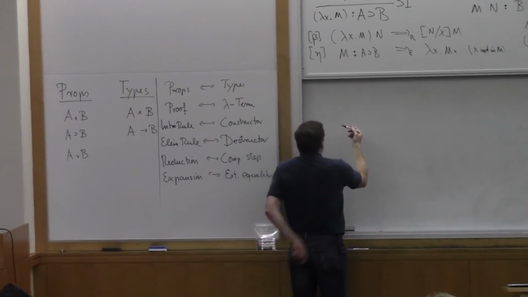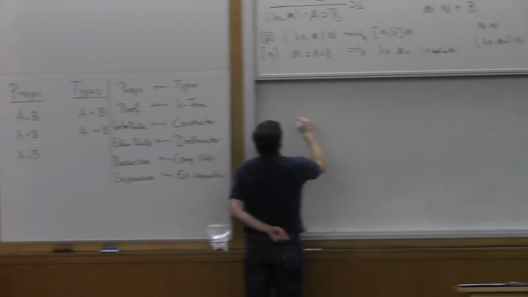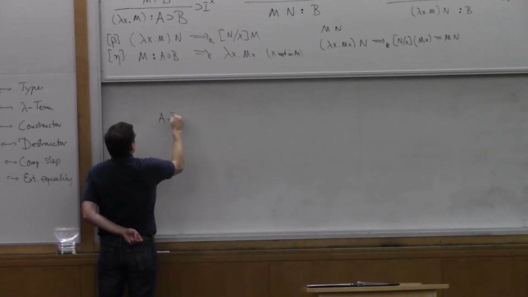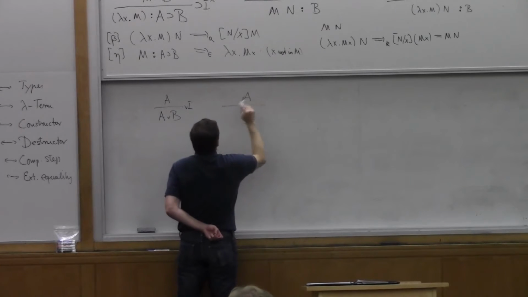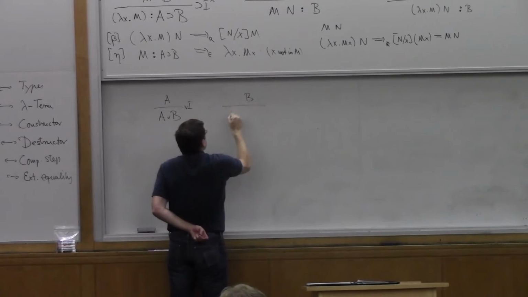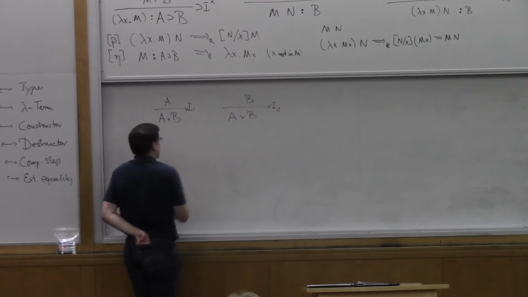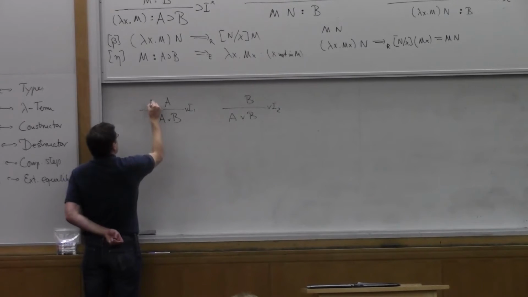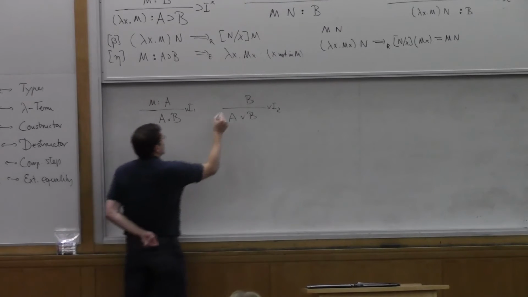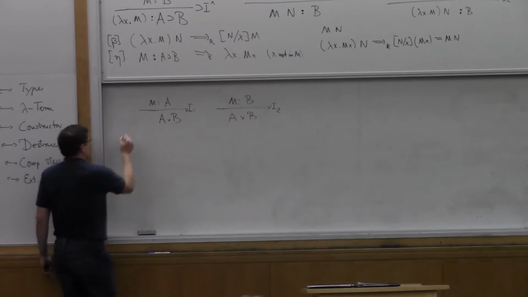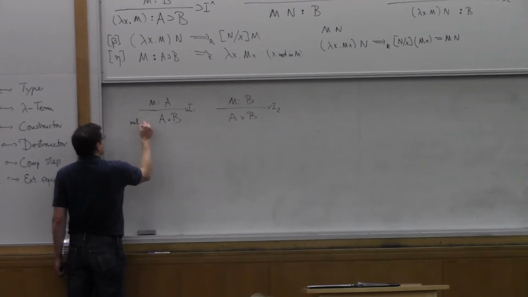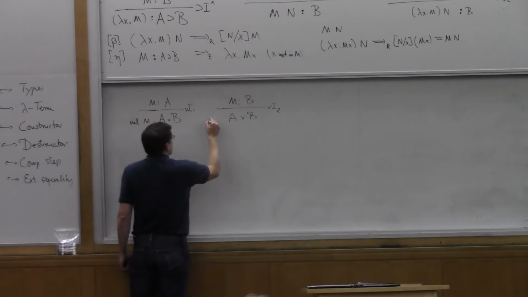I'm going to try to go a little more quickly. So we have A or B from A, and from B we get A or B: the first and second or-introduction rules. If you have an M of type A, or an M of type B, what we do is tag the term to tell us whether it came from the first or second, and usually these are written as inl of M, injection on the left, or inr of M, injection on the right.